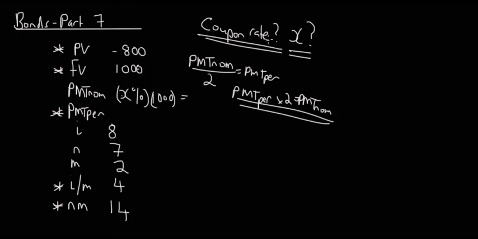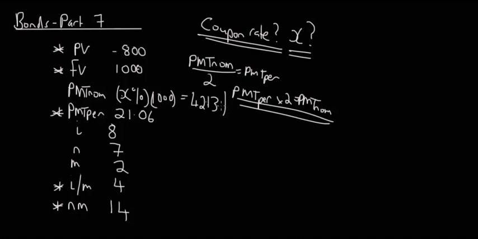So let's solve for PMT per and find out what that is, and that comes out to 21.06. That's obviously in dollars, and like we said before, all we need to do is double that to get back to our PMT nom. Our PMT nom is 42.13.